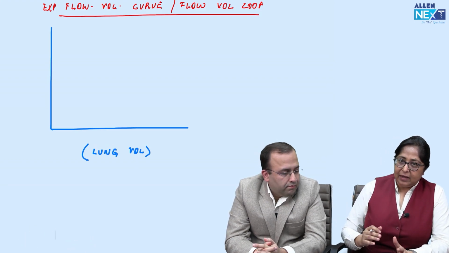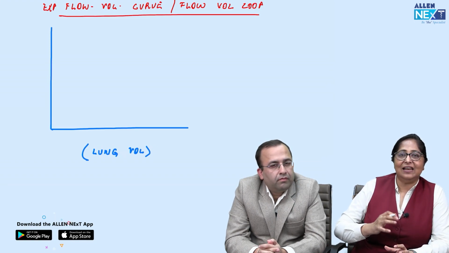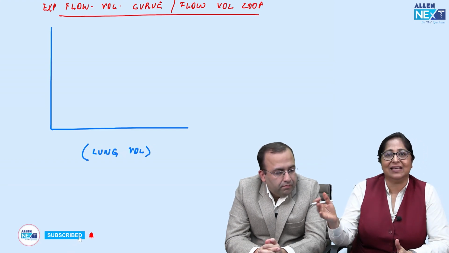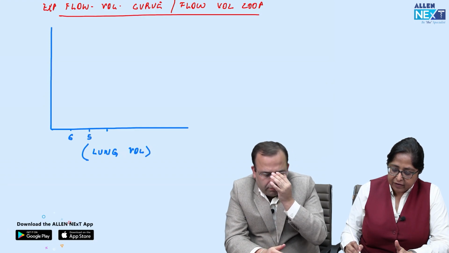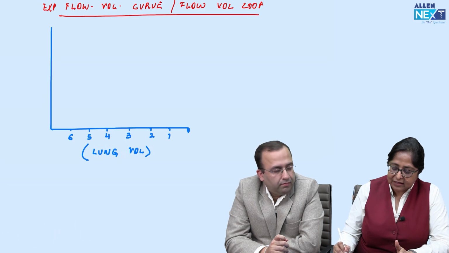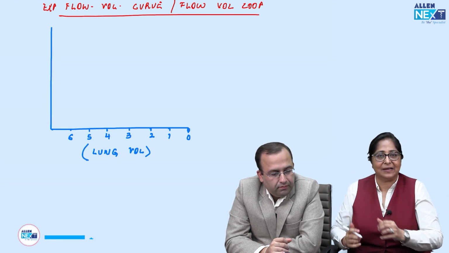Now, expiratory flow volume curve, we will take lung volume on the x-axis. So from left to right, it is a decreasing lung volume. So if this is 6 liters, this is 5, 4, 3, 2, 1, and 0. You are expiring. So lung volume is reducing.